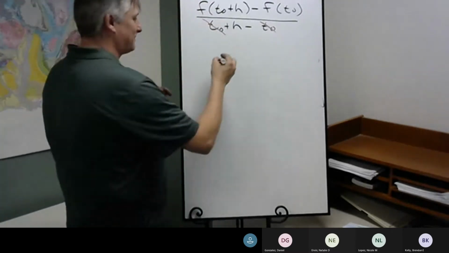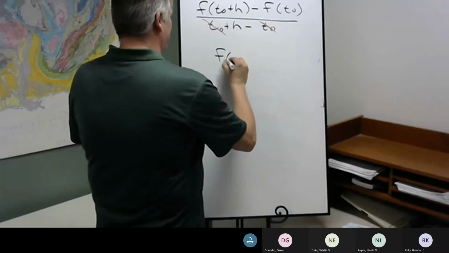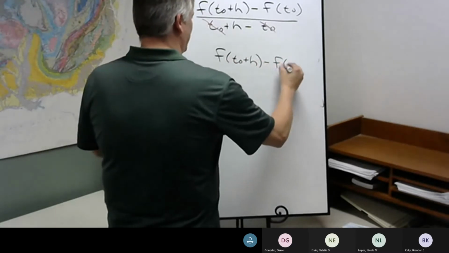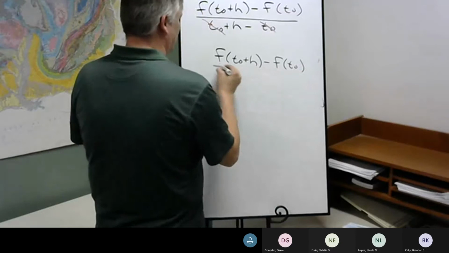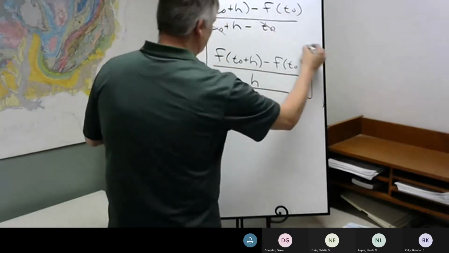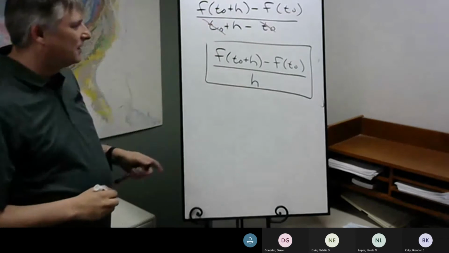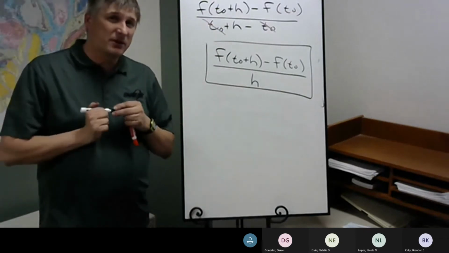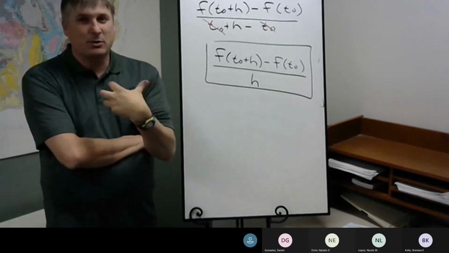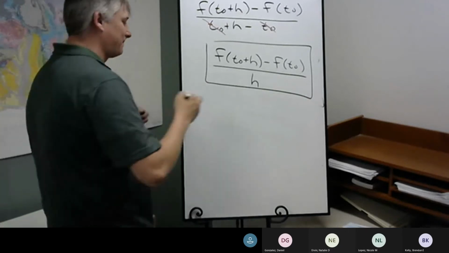So we're going to get this: f of t0 plus h minus f of t0, divided by h. So this is an alternative formula for the average speed, where h is the distance between t0 and t1.